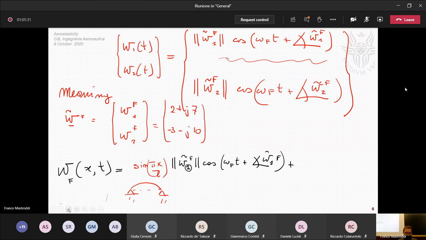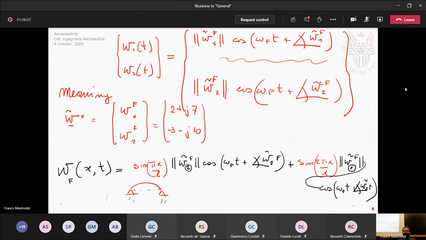Plus the other shape function sine 2 pi x by L multiplied by our W2 time function, which is amplitude. Look, amplitude number 2, second component, by cosine of omega flutter T plus the phase of W2. Okay, well, this is the other mode shape, like this.